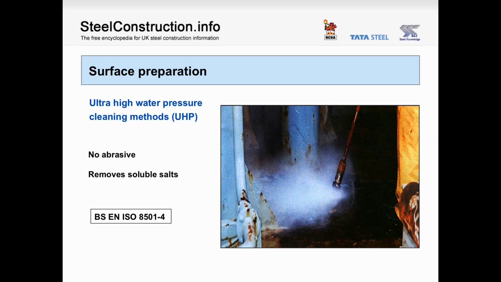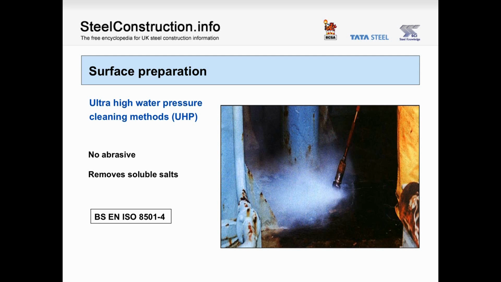Also, at the higher pressures, lower volumes of water are used, and this makes disposal costs lower than with traditional water blasting methods. Ultra-high pressure water jetting leaves a warm surface from which traces of residual water dry quickly, but does not generate sufficient heat to cause thermal stress in the steel surface.